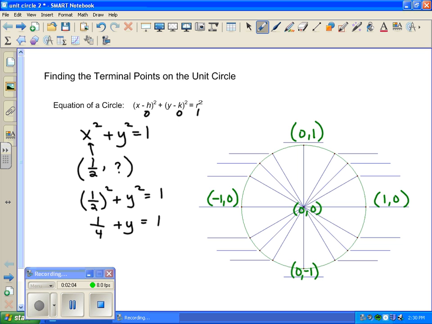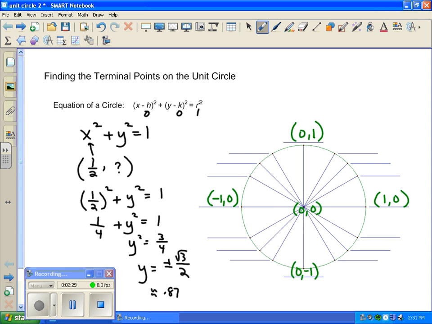So if I subtract 1/4 from both sides, y squared equals 3/4. And then if I take the square root, y would equal plus or minus the square root of 3/4, which is the square root of 3 over the square root of 4, or the square root of 3 over 2. Now, if I change that to a decimal approximation, that is about 87/100.